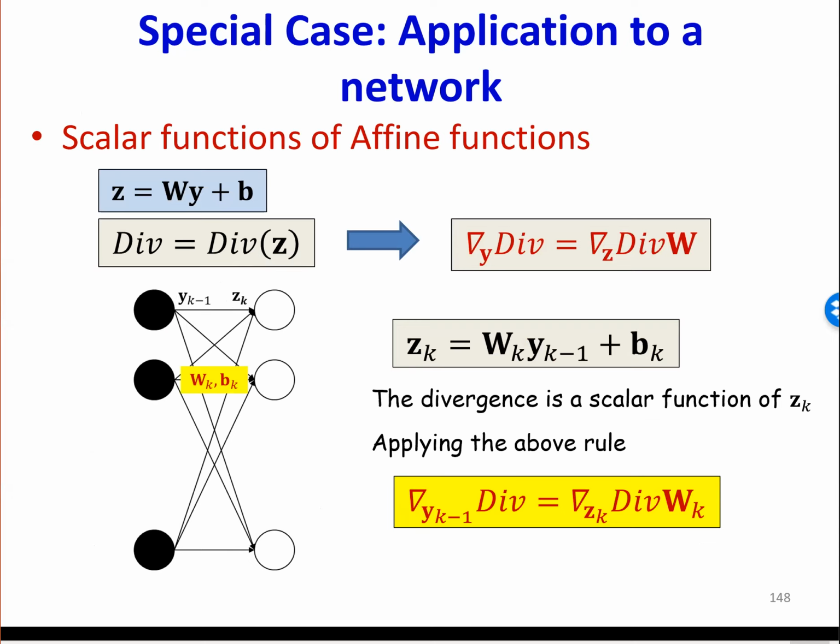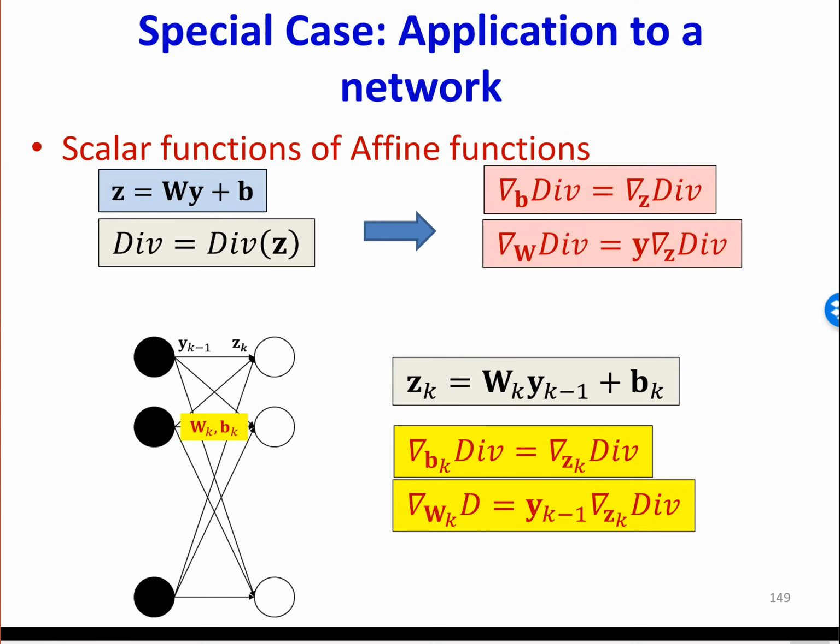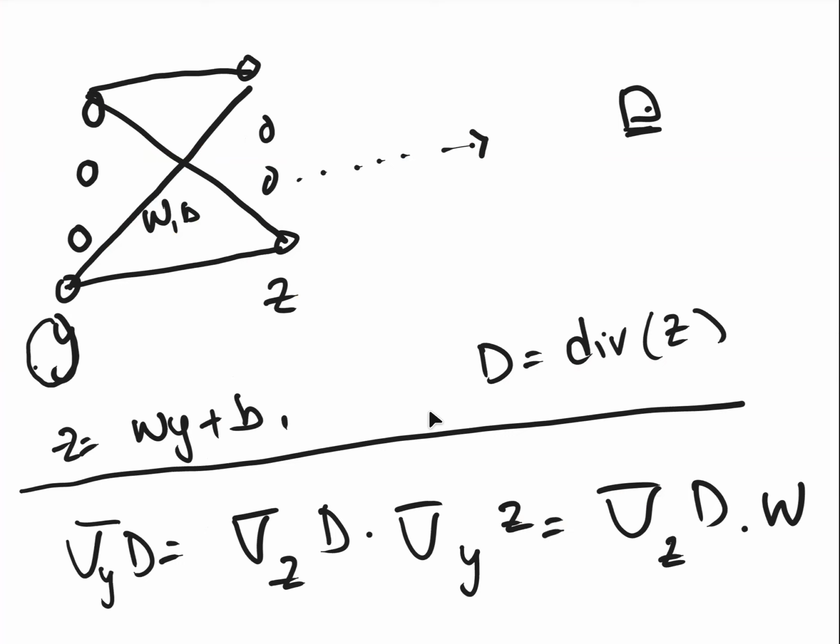Yeah. Okay. Now the next slide has to do with the derivative of the divergence with respect to these parameters. Let me change the color just to get the point across. So now we're speaking of the derivative with respect to these parameters, okay? And for that, we're going to have a slightly different equation.